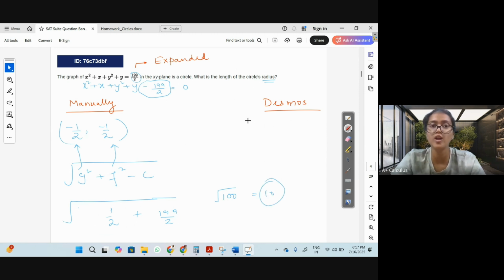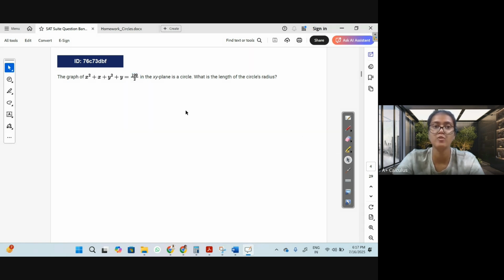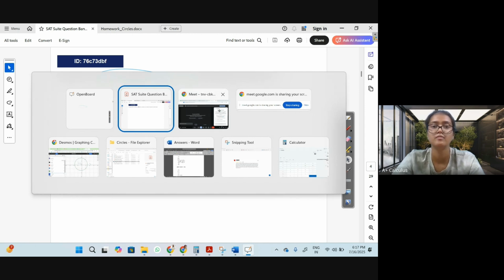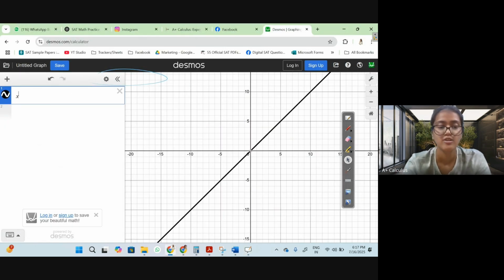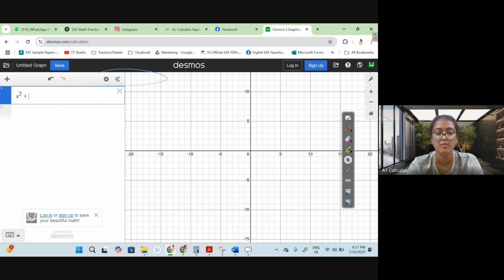Now how can you do it on DESMOS? Well, go to DESMOS and plot this circle. Let's plot this circle. Okay, so x squared plus x plus y squared plus y is equal to 199/2.